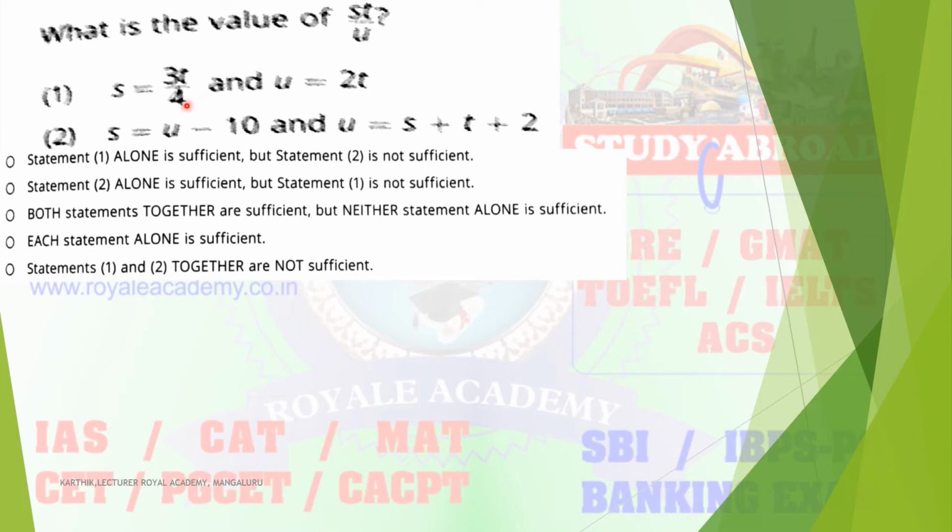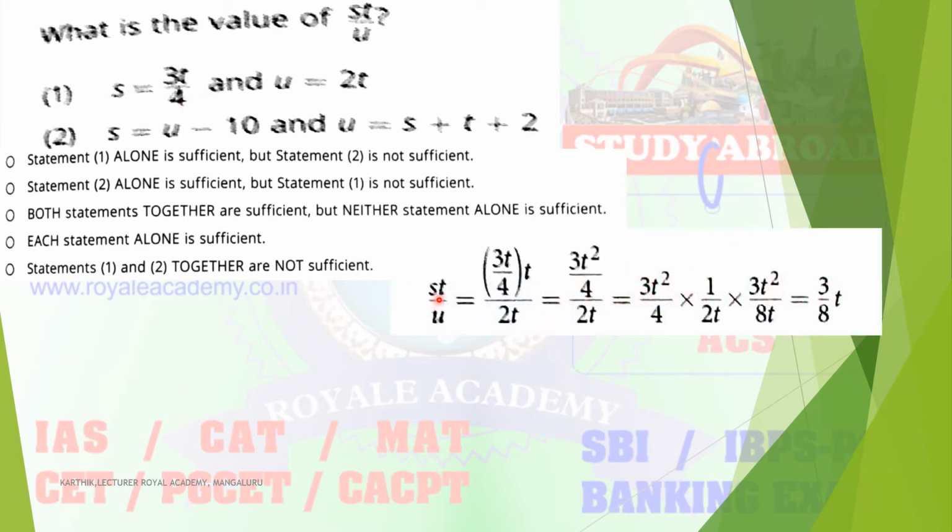First statement: what is given? For st divided by u, what is the value of s? 3t by 4, 3t divided by 4 into t. The value of t is not given, so directly substitute. What is the value of u? 2t. Then simplify: 3t square divided by 4, divided by 2t.